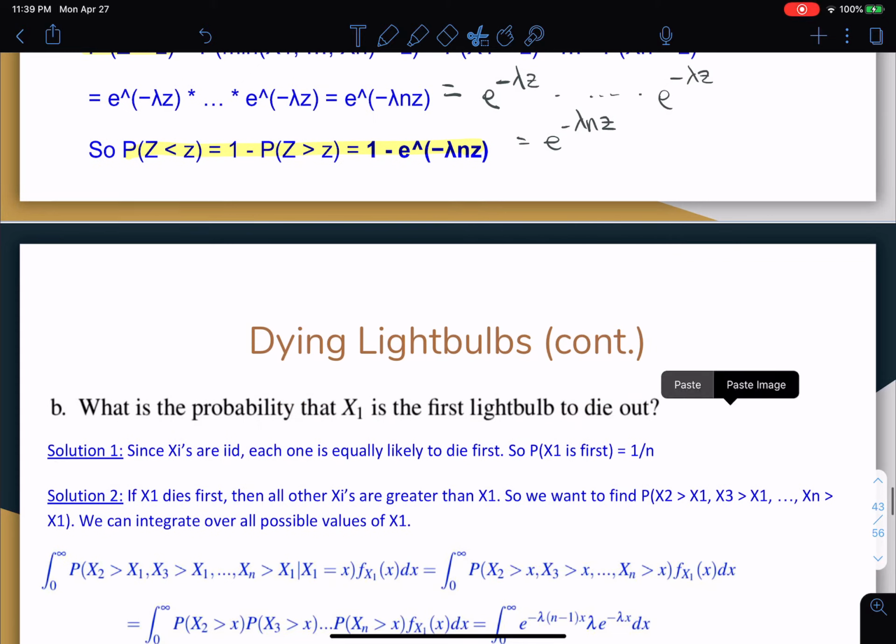If I have these light bulbs, each one of them is equally likely to die out quickly, so the probability that this one dies out first is 1 over n, because they're all identically distributed. So I'll go with that explanation. It's a very intuitive explanation that works because we know these are IID.